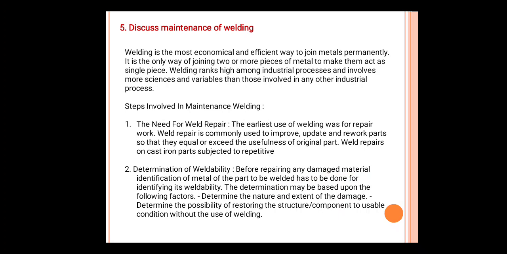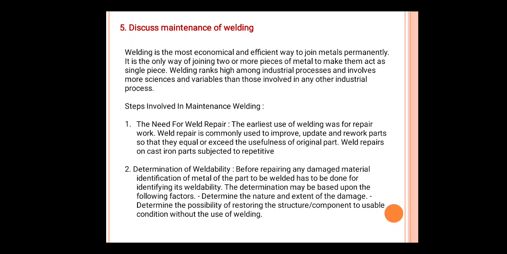Fifth, discuss maintenance of welding. So in maintenance, what type of welding actions, and during welding what type of maintenance can be carried out, we'll see. As you know already, a lot of maintenance work is required, and according to that we have some things here. Welding is the most economical and efficient way to join metal permanently, as you know already from your previous subjects.